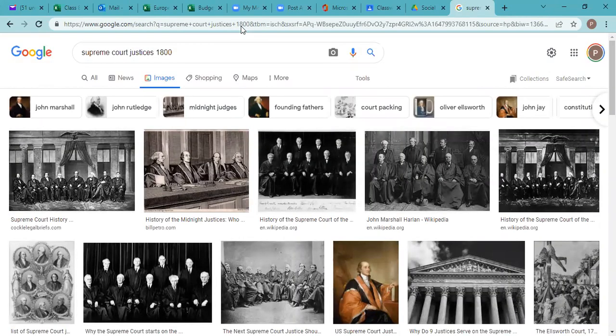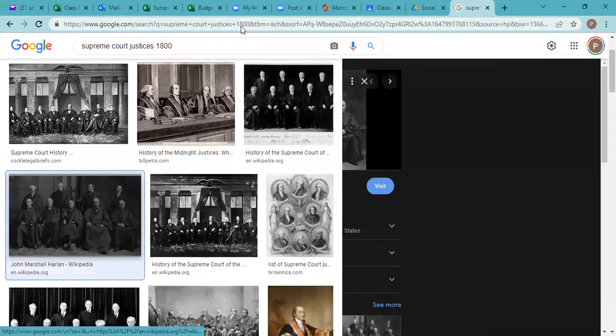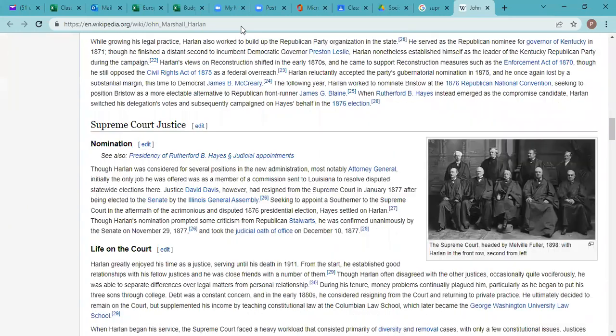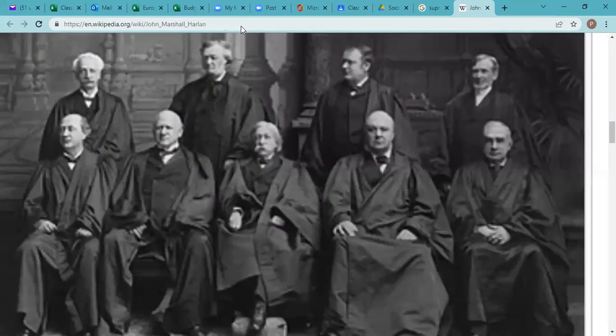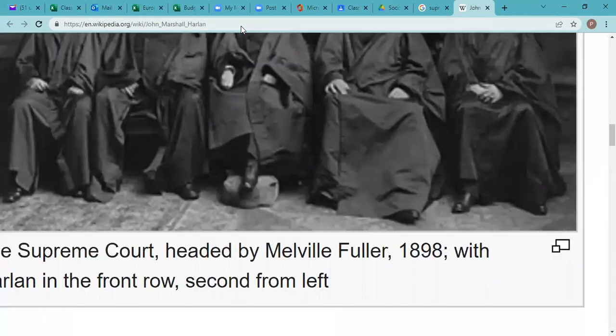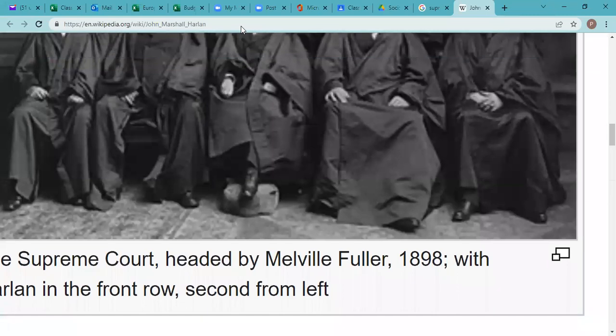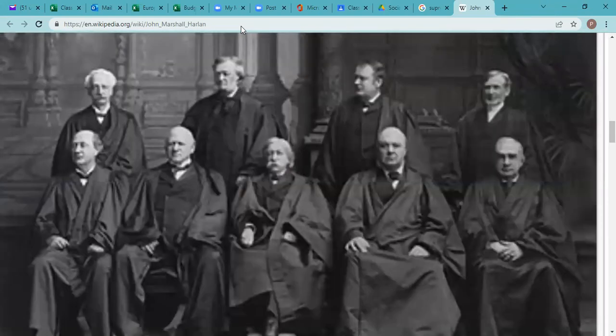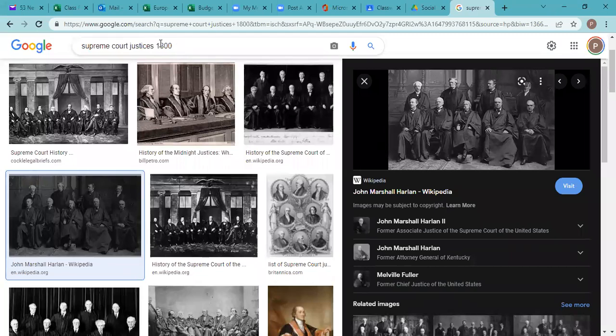All right, and here we go. So there are 9 gentlemen there, and this should be about the year 18. I put 1800, and this says 1898. All right, as you can see, they're much older men, and they're all Caucasian men. Okay. Actually, let's look and put in 1789.